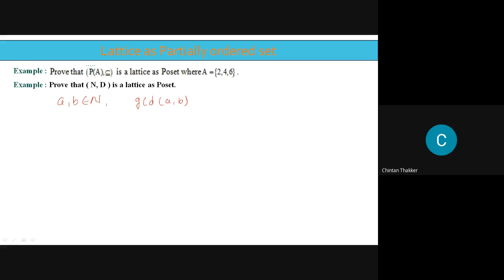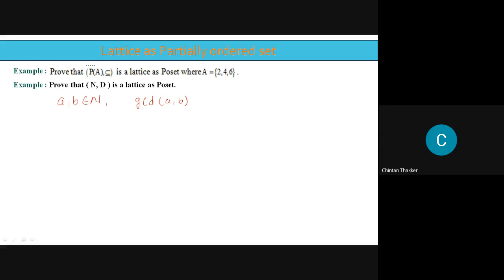Either the GCD is a or b, or any integer which is less than a and b, or 1 if both are prime. So in all four cases we get an integer as the GCD.